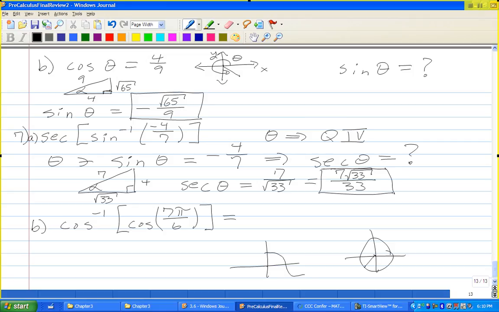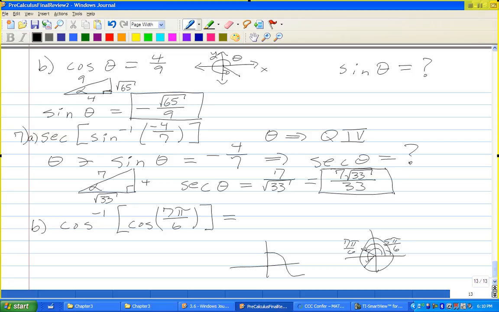And so we're going to have to put this into the second quadrant. And so 7 pi over 6 and 5 pi over 6 give the same value of cosine.